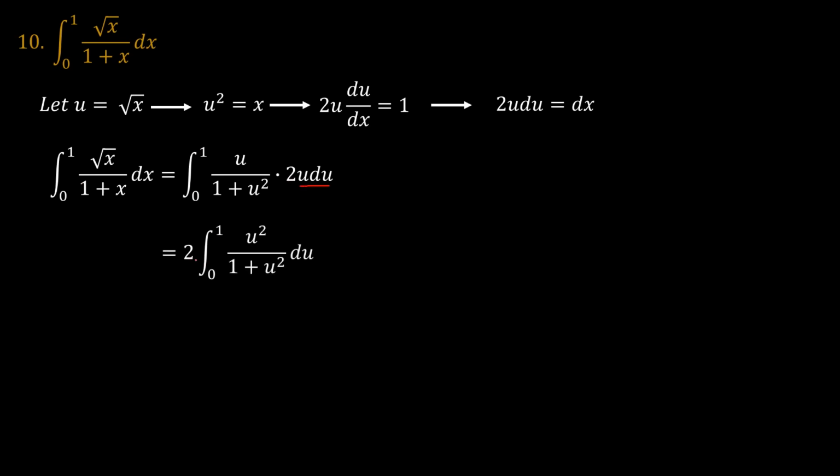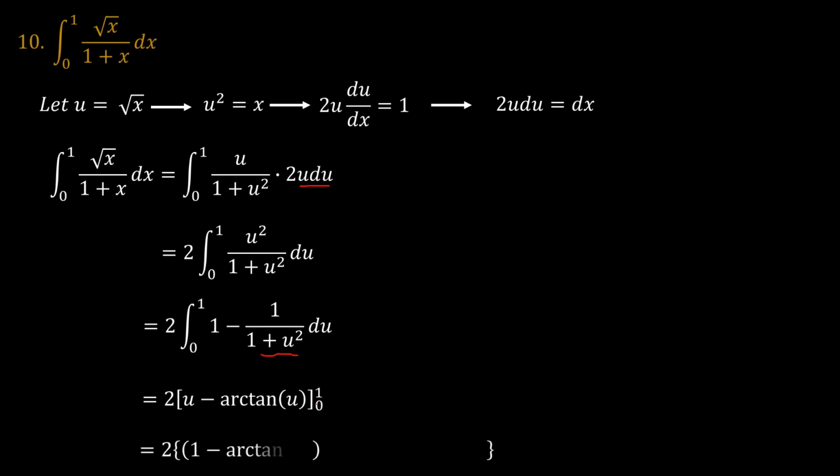This results in 2 times the integral from u equals 0 to 1 of u squared over 1 plus u squared. And when you divide that, you get 1 minus 1 over 1 plus u squared. Integrate that, we have 2 times u minus arctangent of u. This is a popular integral. We know the integral of 1 over 1 plus u squared to be arctangent of u.